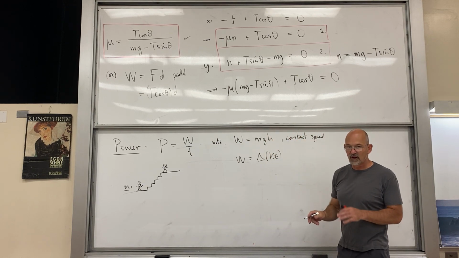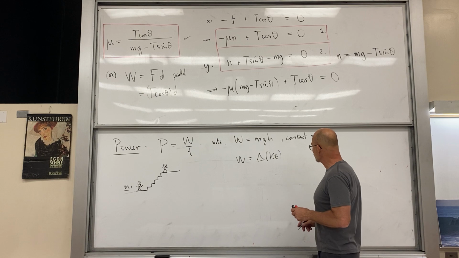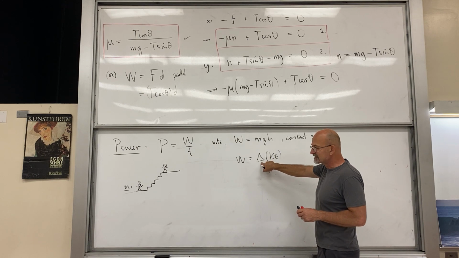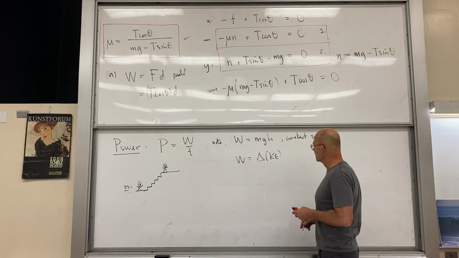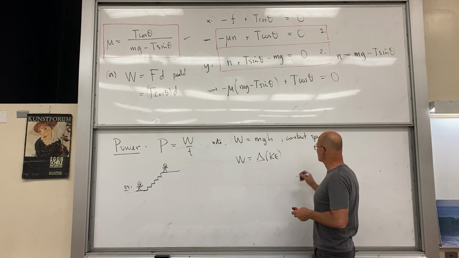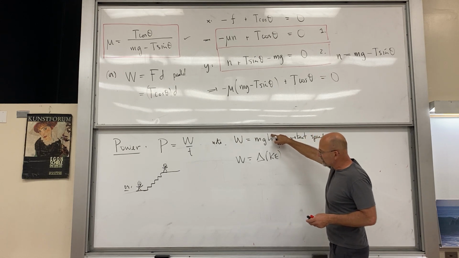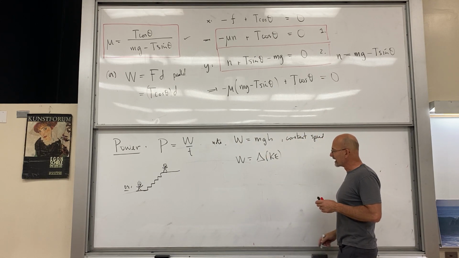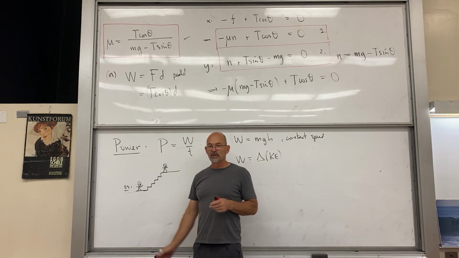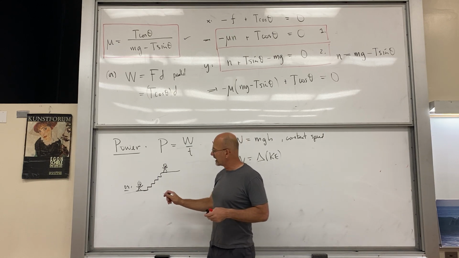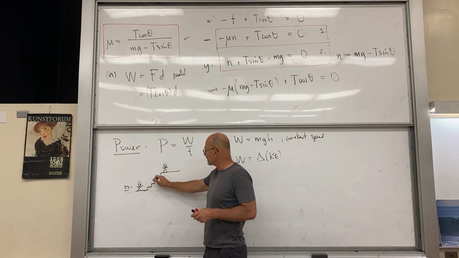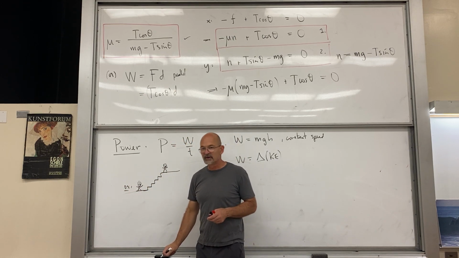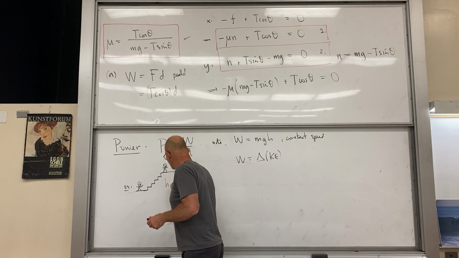That's definitely also a crucial example of work. If you're accelerating and decelerating, there's work involved as well. Change in kinetic energy. So this example is for constant speed, the stair climb example. And when you do that lab, which we used to do, we'll do it again someday, we would actually get a little running start and try to zoom up the stairs at the constant speed and then top out.